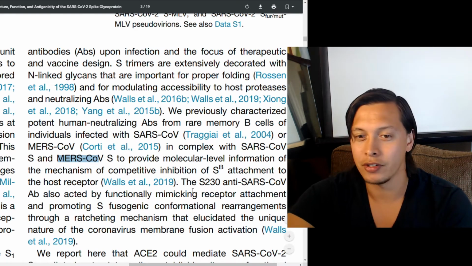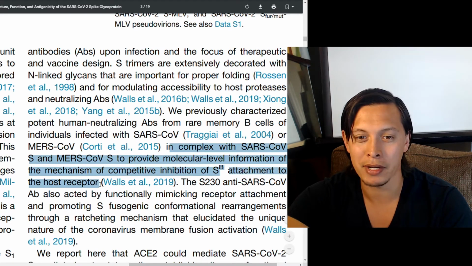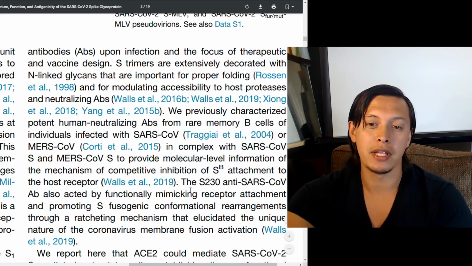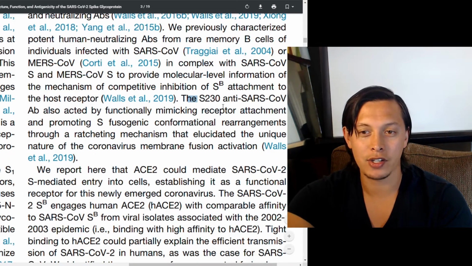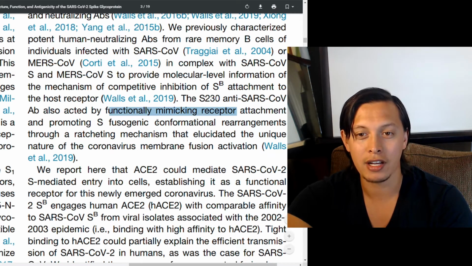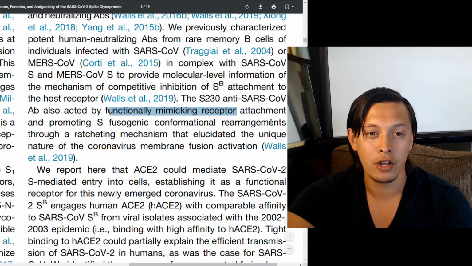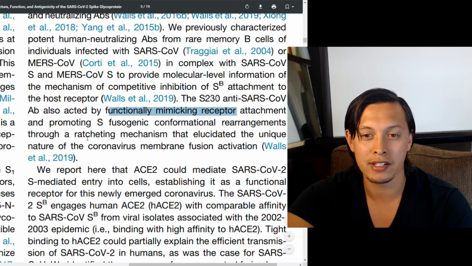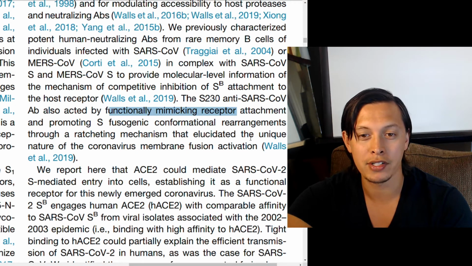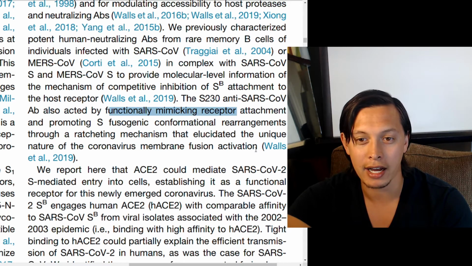So they're just saying in a previous experiment, they were able to prove that these antibodies are effective, and the S230 anti-SARS-CoV antibody also acted by functionally mimicking receptor attachment and promoting S-fusogenic conformational rearrangements through a ratcheting mechanism that elucidated the unique nature of the coronavirus membrane fusion activation.